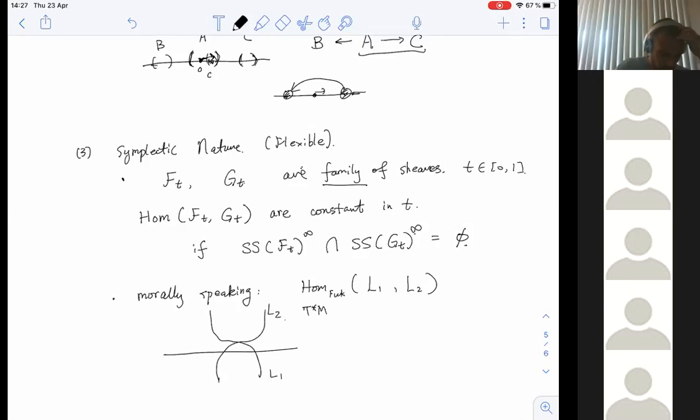You are free to isotope them however you want using Hamiltonian isotopy, as long as their infinity parts, their Lagrangian ends, do not meet each other. The Hom is invariant under Hamiltonian deformation.